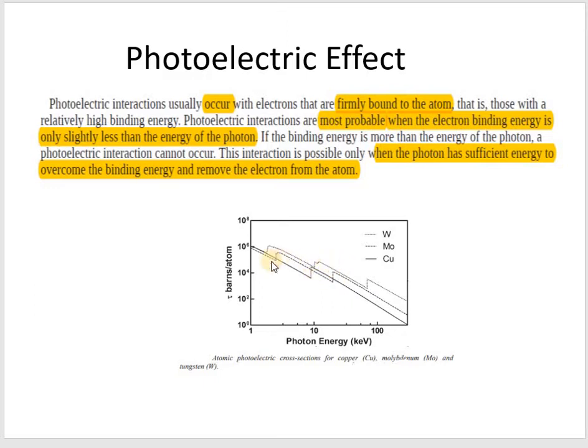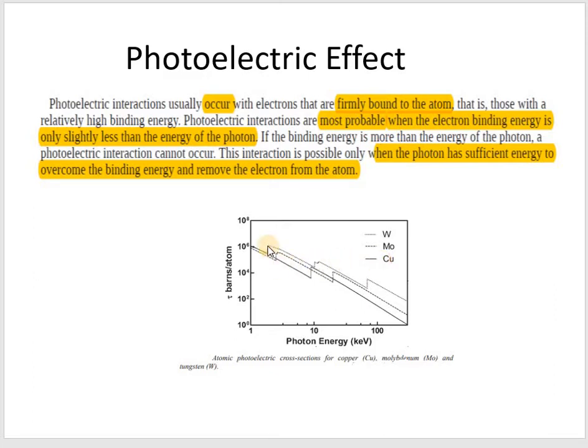There are other rises, but they are not so high. So when the energy of the incoming photon is close to the K shell binding energy, or the K edge, there will be a sharp increase in absorption. It could be for tungsten, molybdenum, or copper, for any material for that matter.